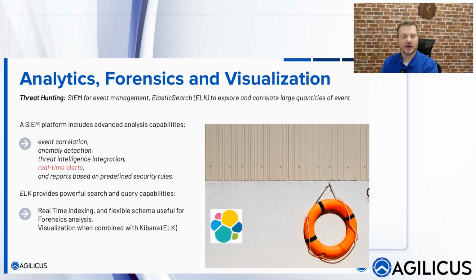So I need to be able to understand what the threat is and if someone's trying to exploit that. I need to have real-time alerts, so the ability to pop that up either to a security role within my company or on a dashboard or send an email and so on, and having the reports that highlight when these things happen. I like ELK because it provides powerful search.